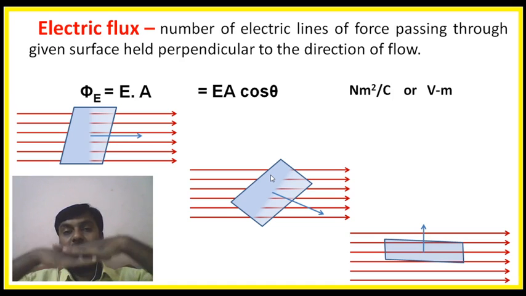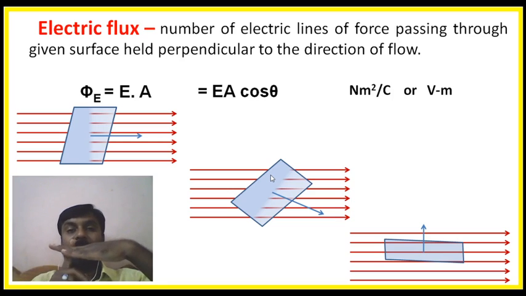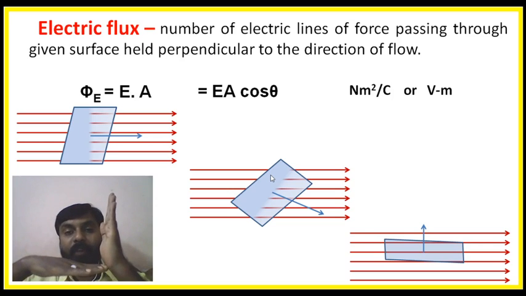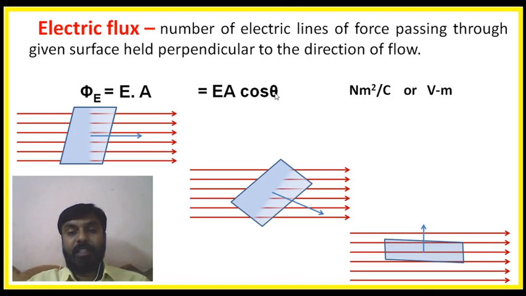Now in this case, the surface area vector will be perpendicular to the field line. So theta will be 90 degrees in this case. Hence we notice that there is 0 flux in this case. So here we have three figures.